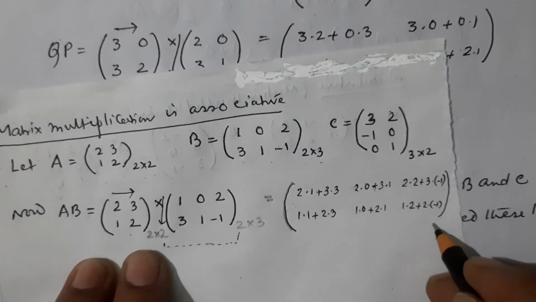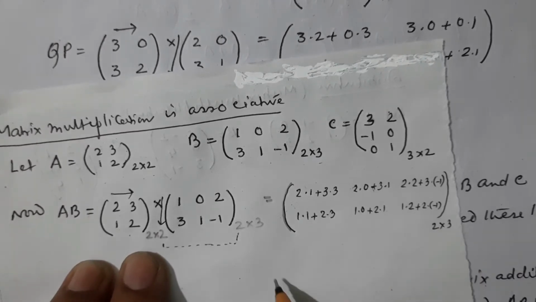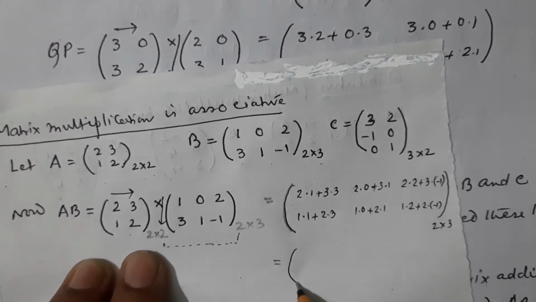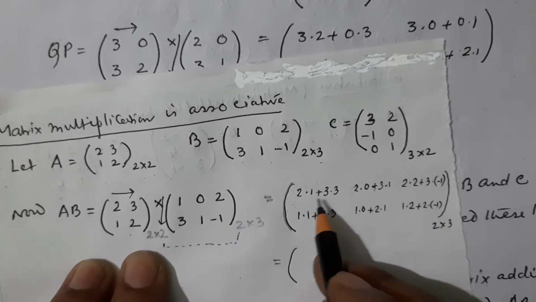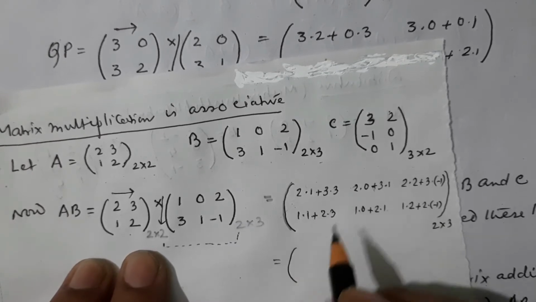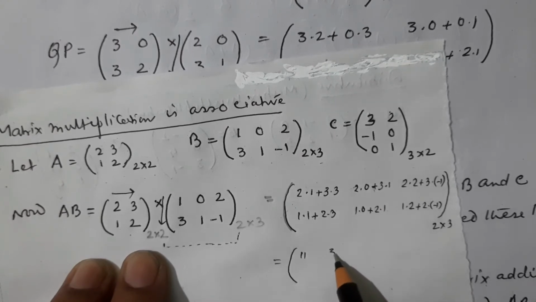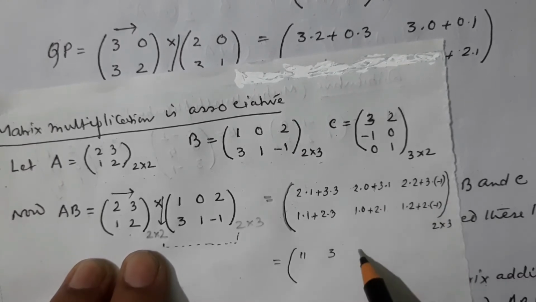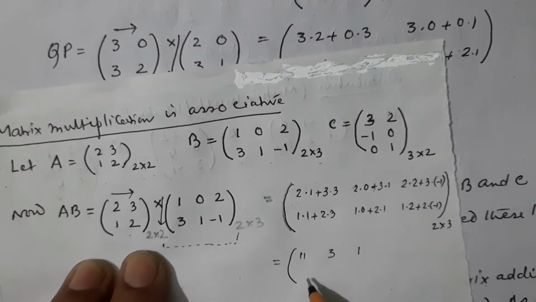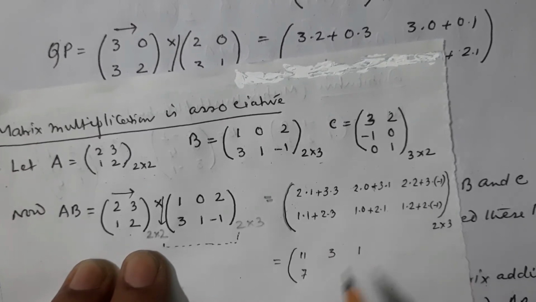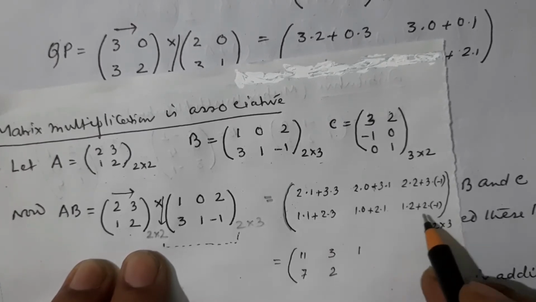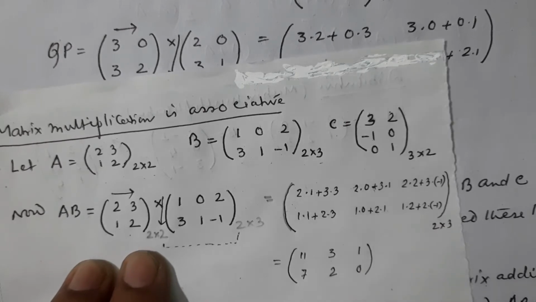This is a matrix of 2 cross 3. Ultimately we get 2 into 1 plus 3 into 3, that is equal to 11, 3, 1, 7, 2, 0. This is a 2 cross 3 matrix.